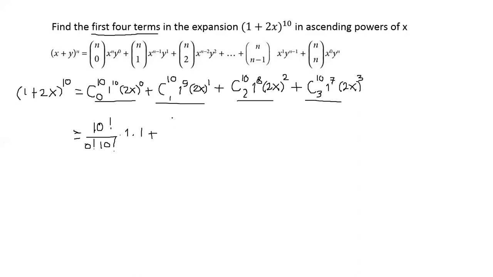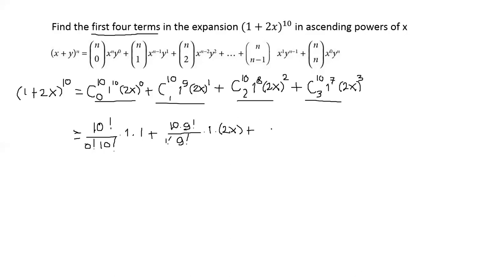Plus, it becomes 10 times 9 factorial. Why 9? Because 10 minus 1 equals 9, over 1 factorial and 9 factorial, times 1. 1 to the power 9 equals 1, times 2x.